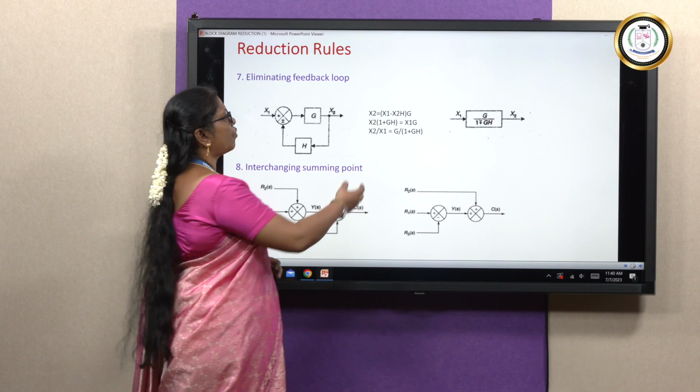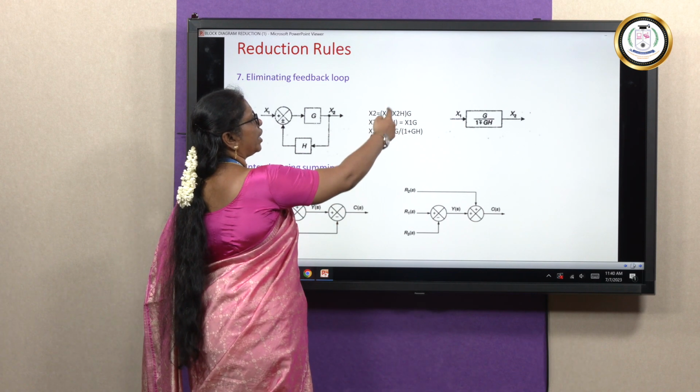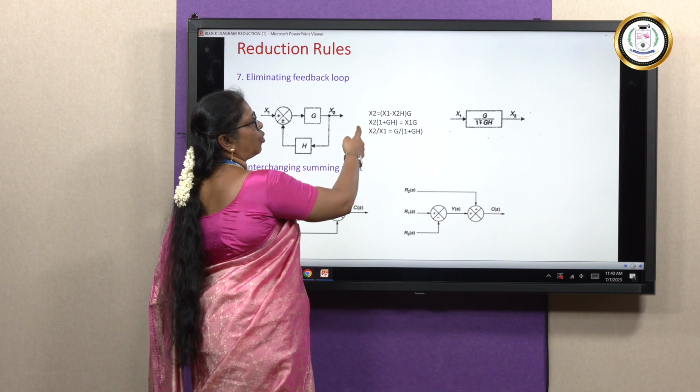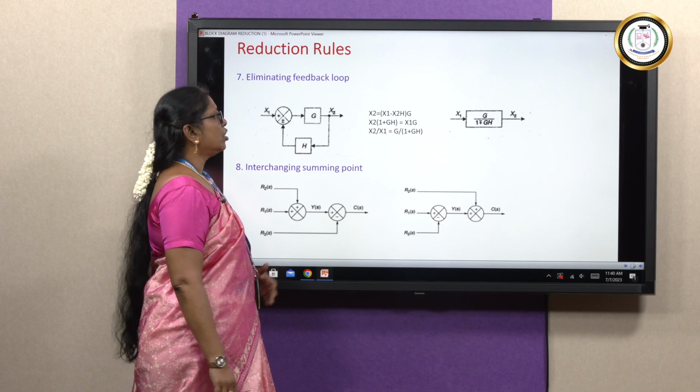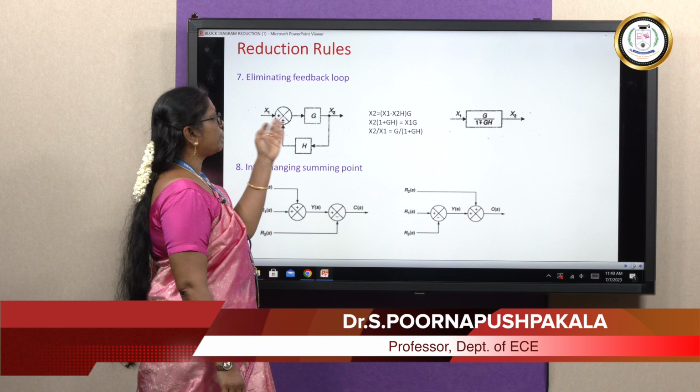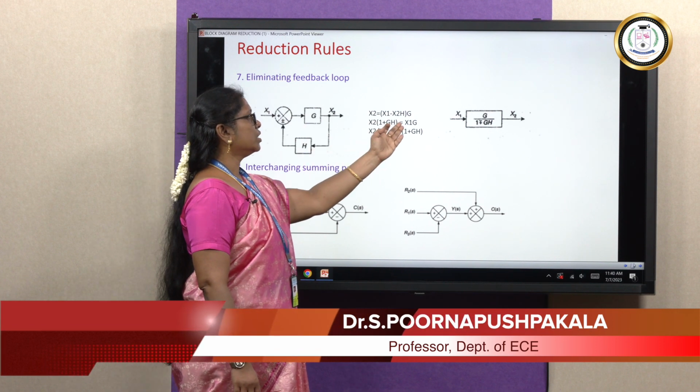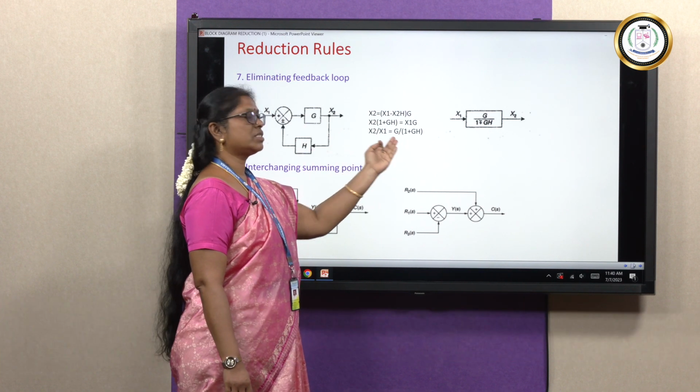So when we are bringing this x2 gh over here, this will become x2 into 1 plus gh, which is equal to x1 into g, right. So x2 divided by x1 is going to be g divided by 1 plus gh.